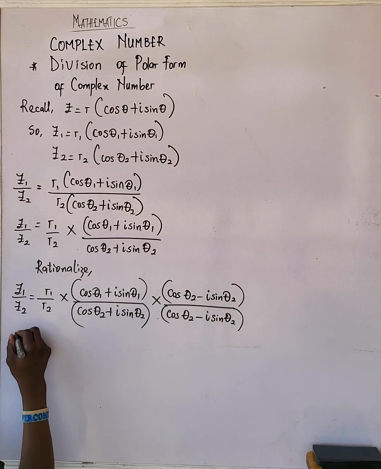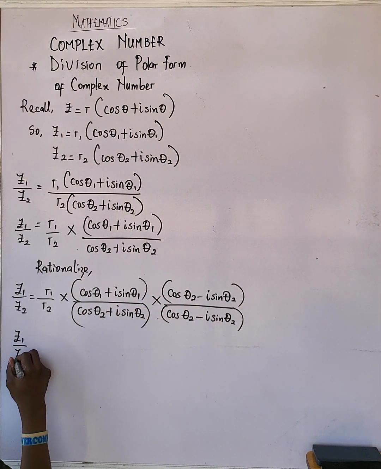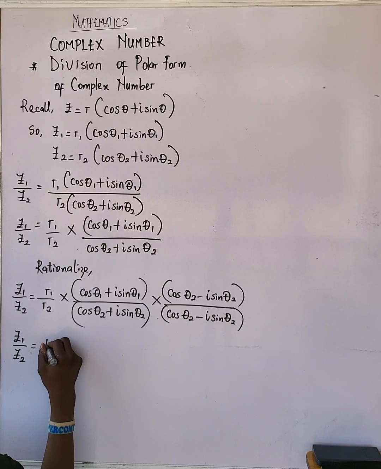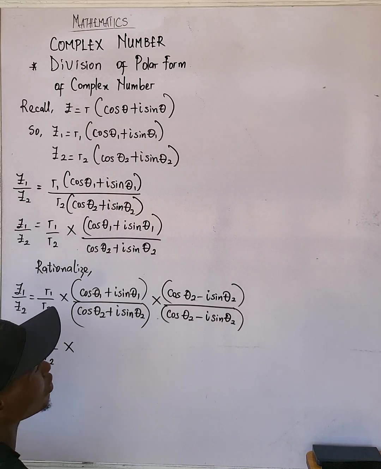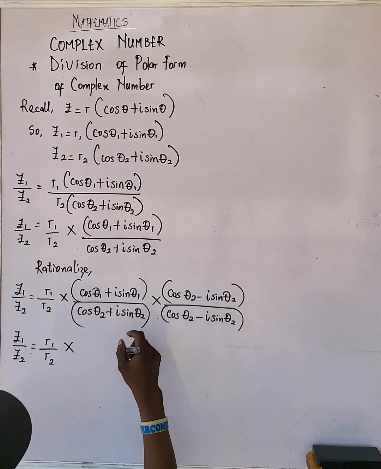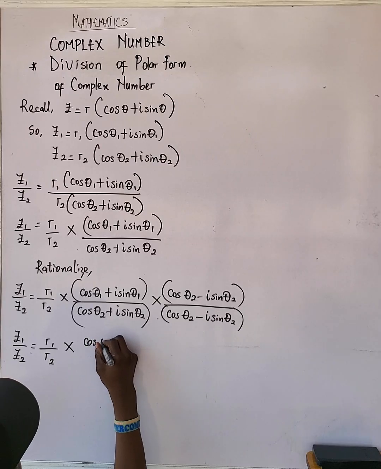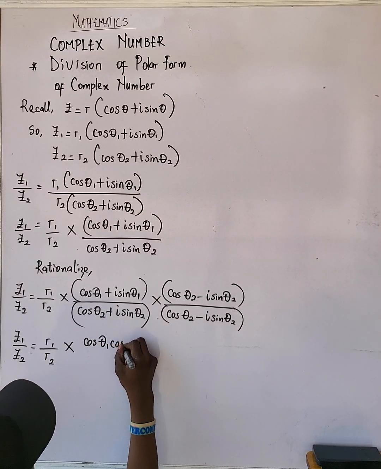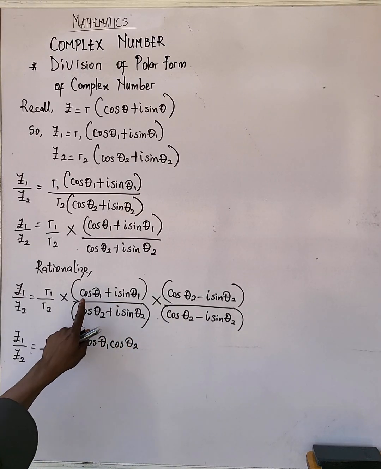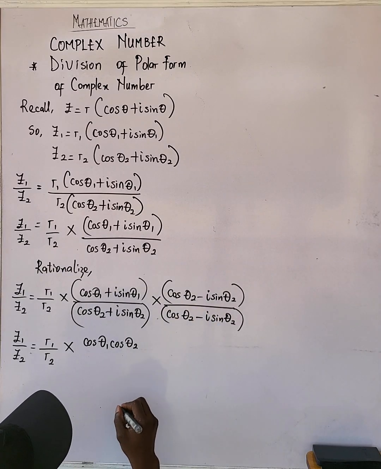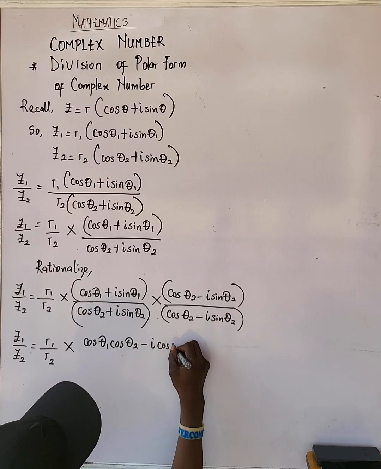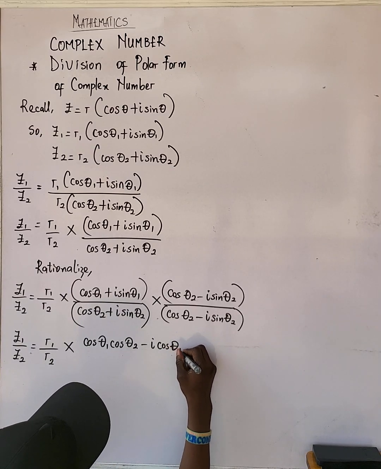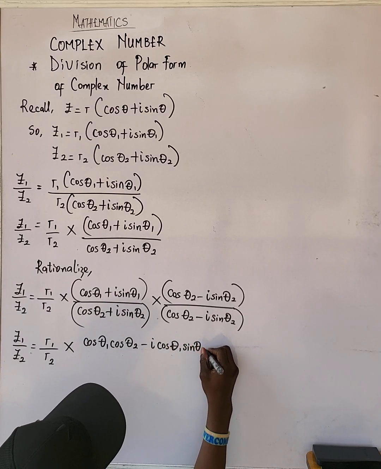So we multiply the numerators together and the denominators together. So we have z1 over z2 equals r1 over r2 multiplied by: cos theta 1 times cos theta 2 will give us cos theta 1 cos theta 2. Cos theta 1 times minus i sin theta 2 will give us minus i cos theta 1 sin theta 2, right?